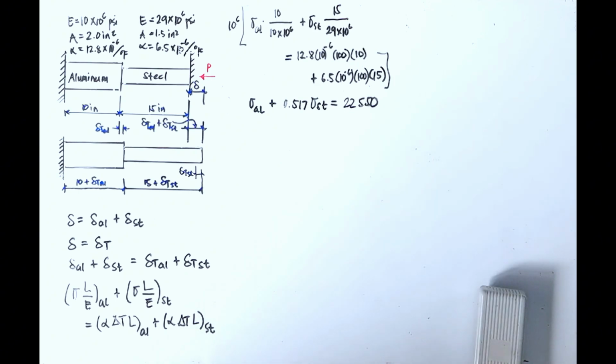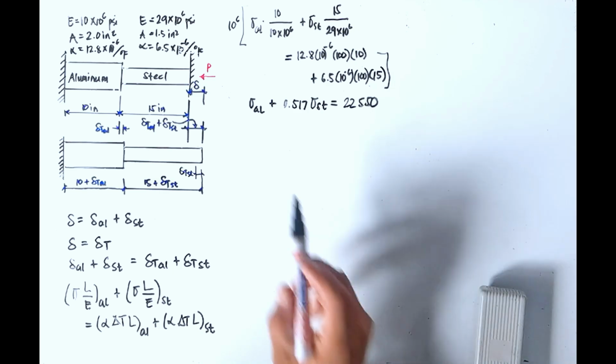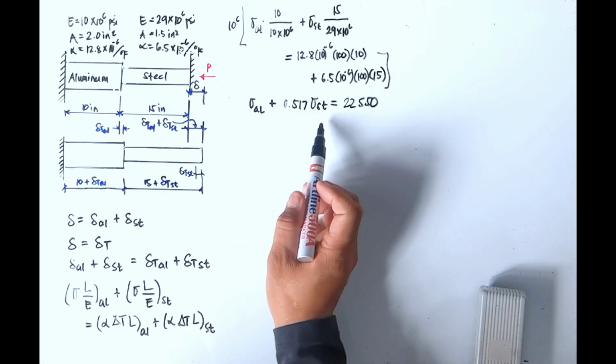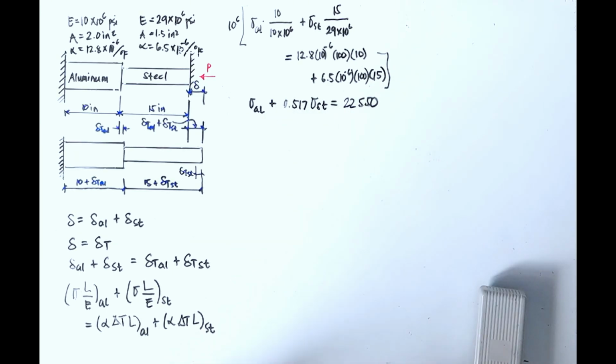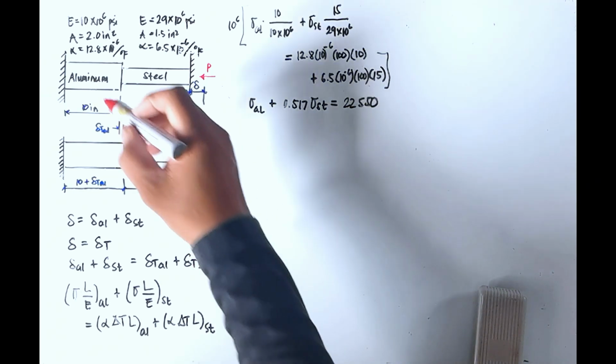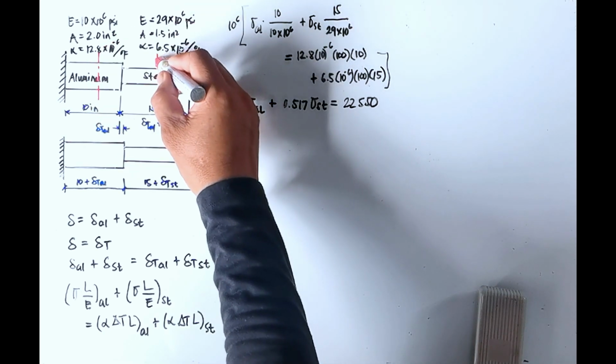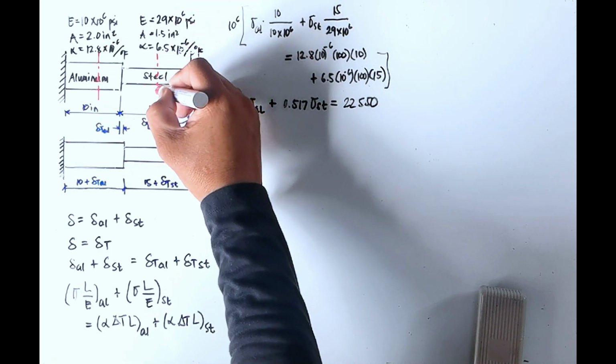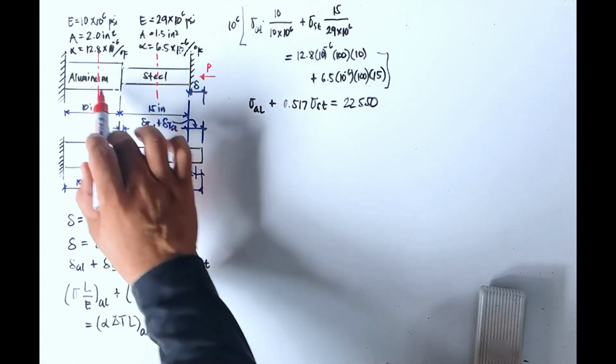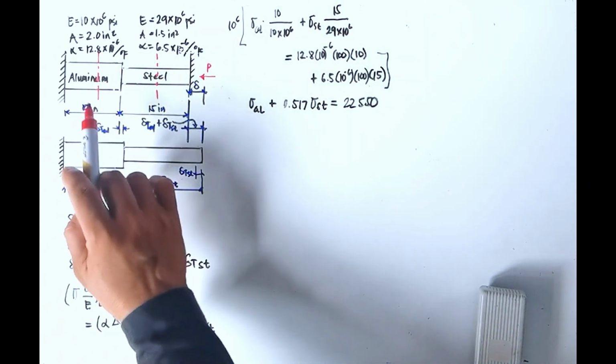We need another equation because there are two unknowns. So what we do is we cut a section here and here and then draw the free body diagram of this part in the middle.